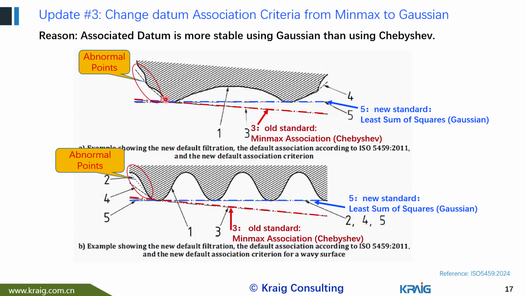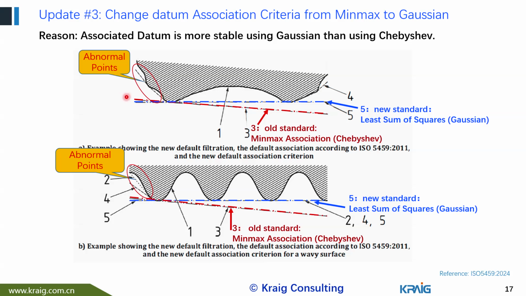But when we use the min-max or Chebyshev, we try to use the worst point. So not all of the points will be used. Chebyshev is only carrying the worst deviation. So those kinds of abnormal points will affect the association geometrically.